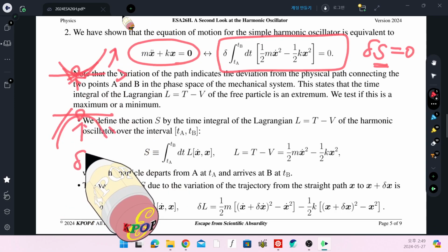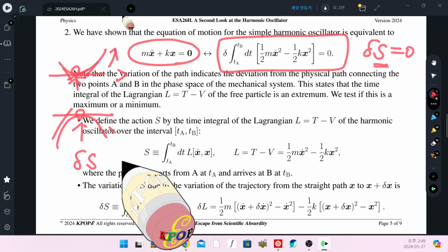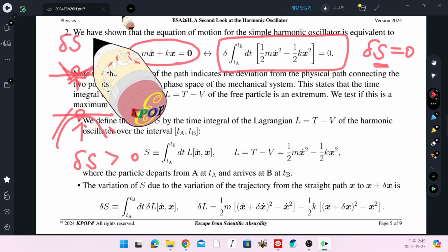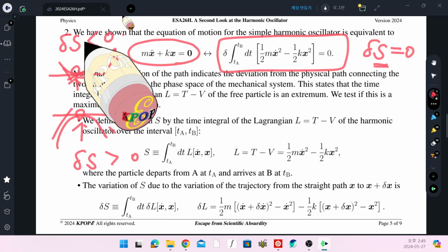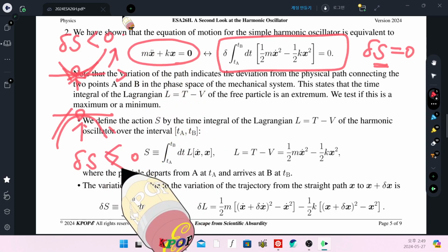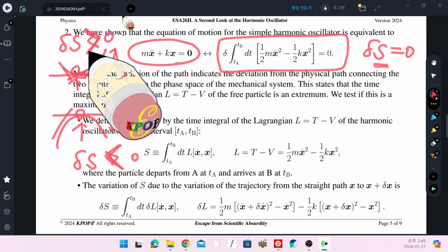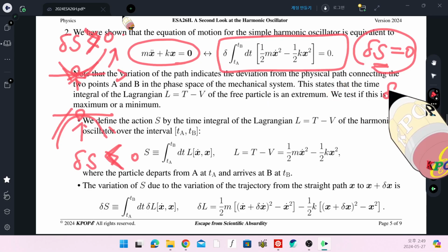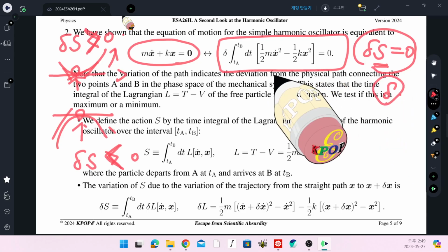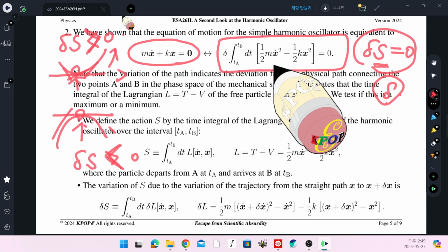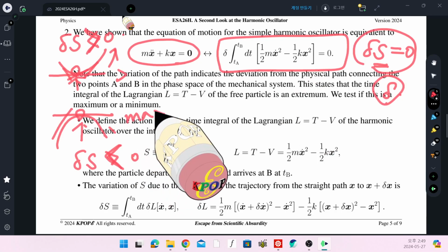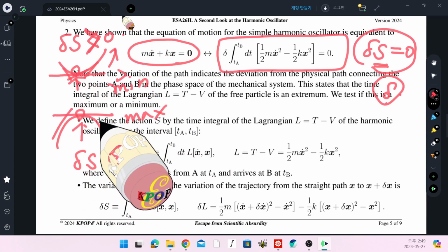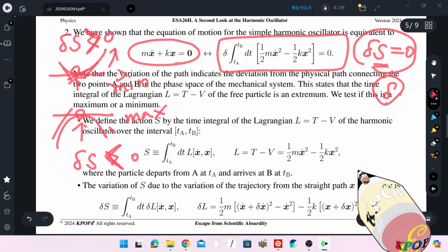So delta x at order delta squared is positive in this case, and in the other it is negative. At order delta variation, the action has an extremum. We do not know whether it is a minimum or maximum. All right, let's go ahead.